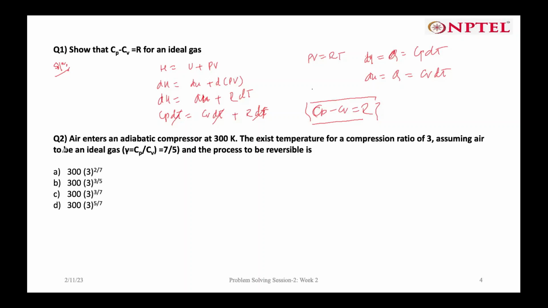Now coming to question 2, here is a statement. Air enters an adiabatic compressor at 300 Kelvin. Find the exit temperature for a compression ratio P2 by P1 of 3, assuming air to be an ideal gas, where gamma is equal to Cp divided by Cv, 7 by 5, and the process to be reversible.